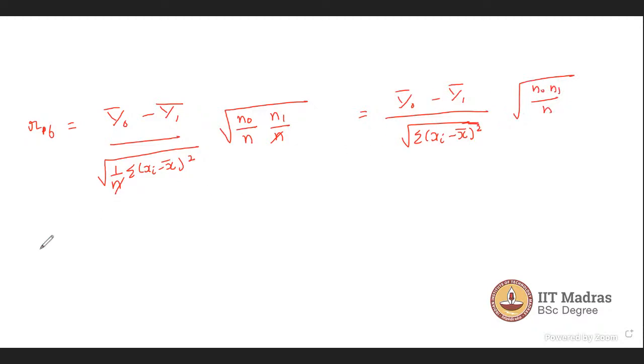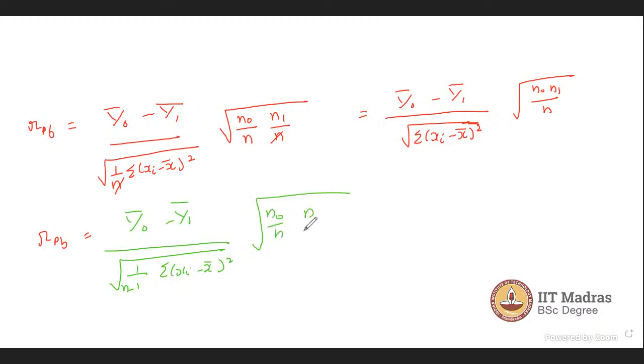Now let me take the sample standard deviation. The sample standard deviation we told you to avoid because it will cause a problem in calculation. Here we have to do n minus 1. So this n minus 1 and the other n minus 1 cancel out and you will obtain the same formula again. So it's better to use the population standard deviation, and p naught p1 is this, rather than the sample standard deviation.